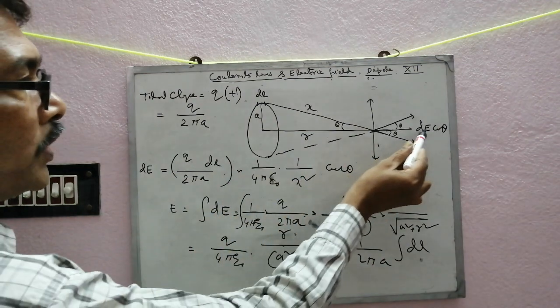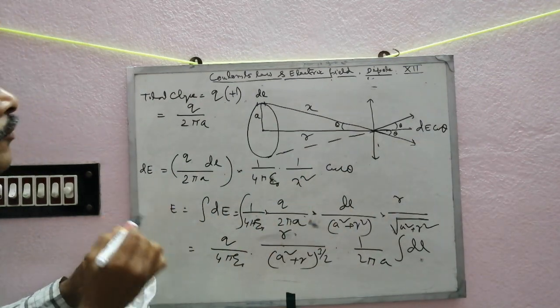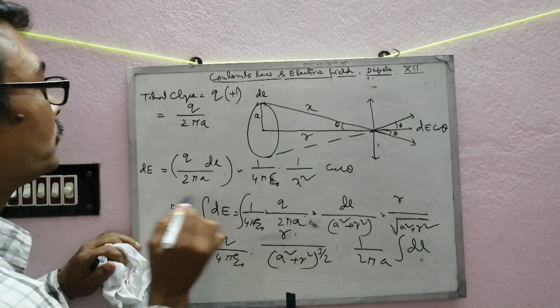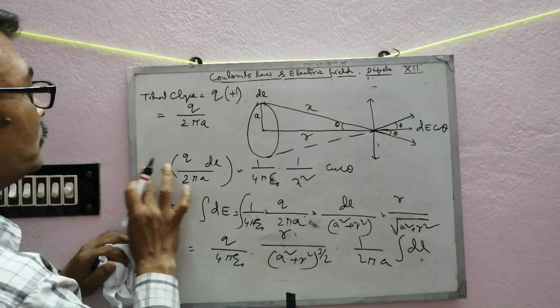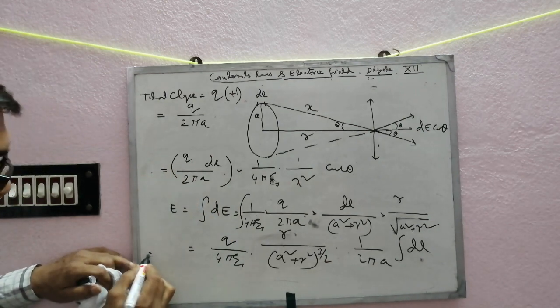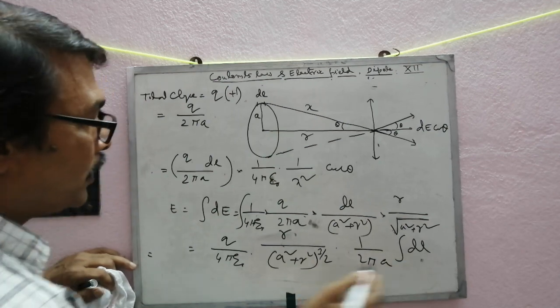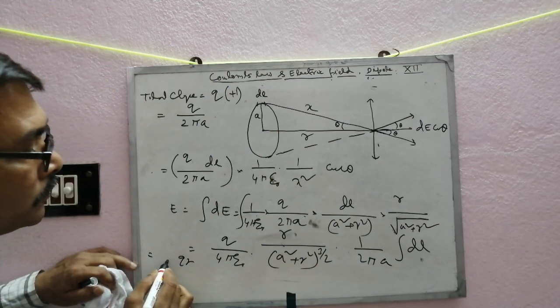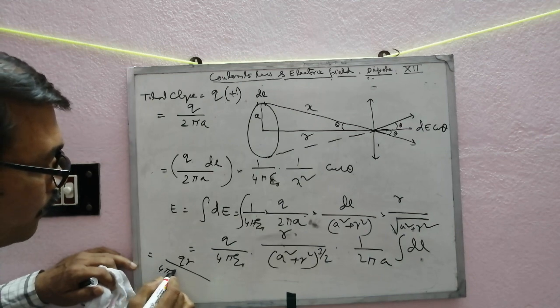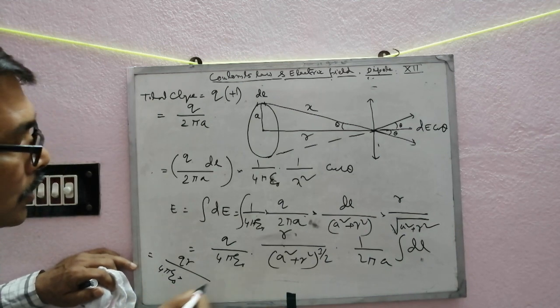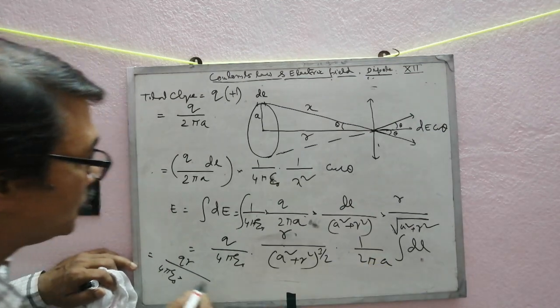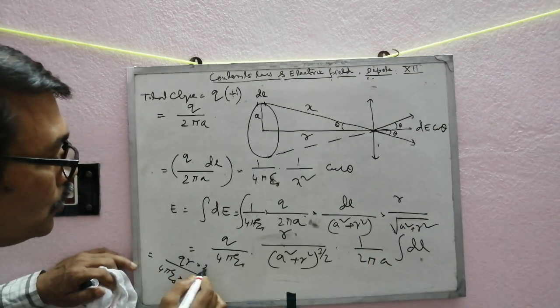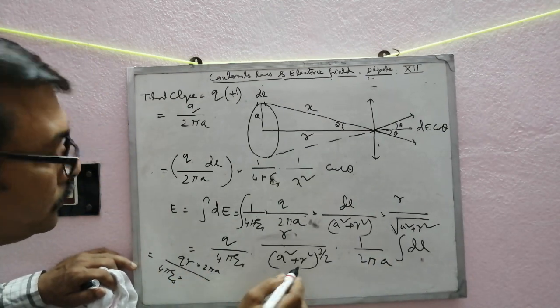Total dE cos theta. Now the value of the integral of dl equals 2 pi a. So final result Q r by 4 pi epsilon naught into 2 pi a.